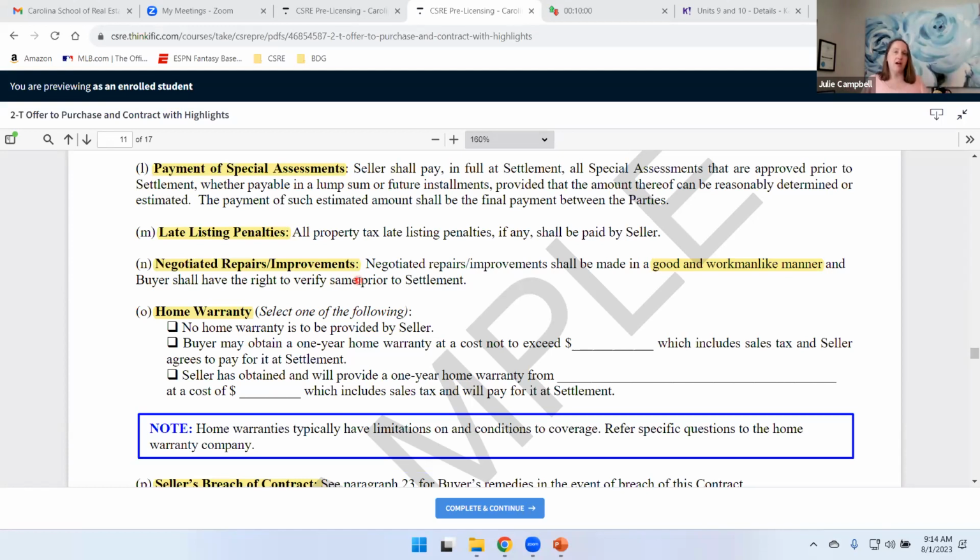If you're okay with the seller knowing they have a hammer and access to YouTube, and you're okay with them doing it, then we don't need to specify, and we're going to fall under this good and workmanlike manner. So if we specifically want a licensed plumber or certified electrician, then we need to spell that out. Part of those repair negotiations.